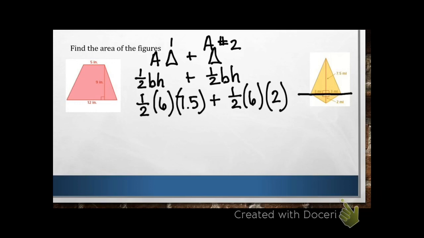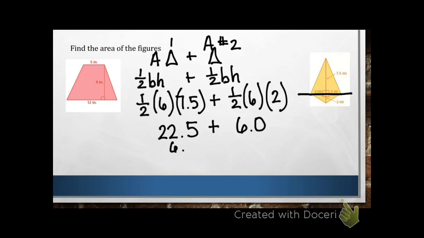Now let's multiply 1/2 times 6 times 7.5. This might be a time where you say, I want to do the 1/2 of 6 and just multiply 7.5 times 3. That's fine, and you're going to get 22.5. And then we're going to add it to, again, 1/2 of 6 is 3. 3 times 2 is 6. Now, when you go to join these together, remember this 6 is the same as 6.0.